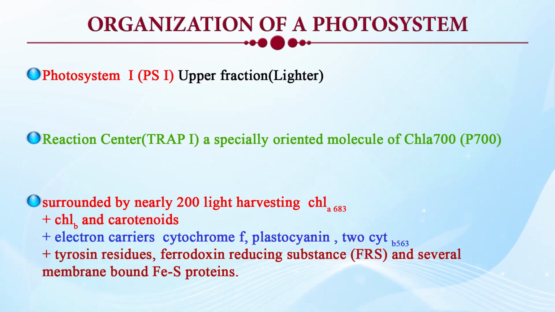And of course, there are a whole lot of carotenoids and chlorophyll B and different types of electron carriers which are present, and various FRS, that is ferredoxin reducing substance. We will find a detailed discussion of this in our subsequent lecture on the Z scheme.